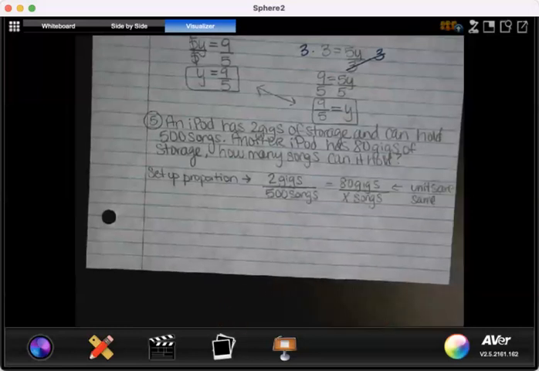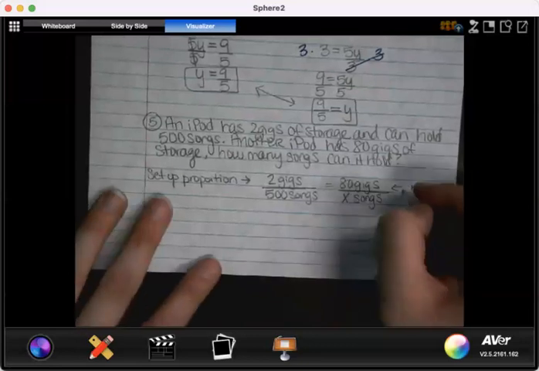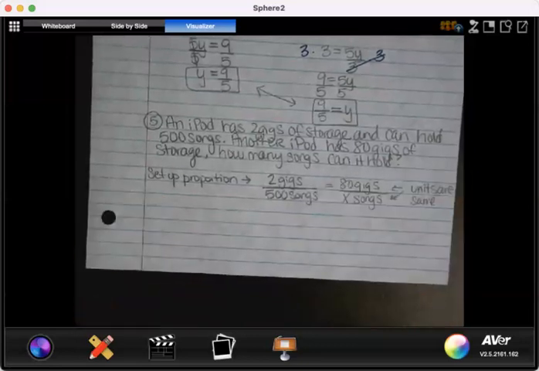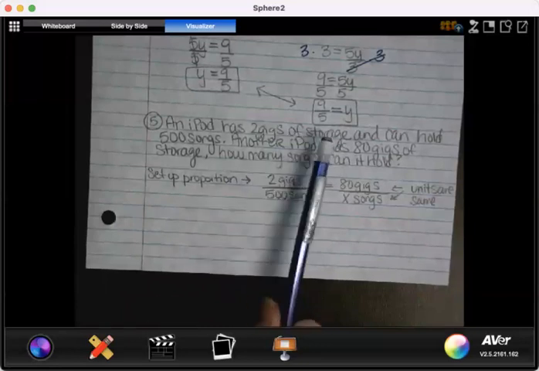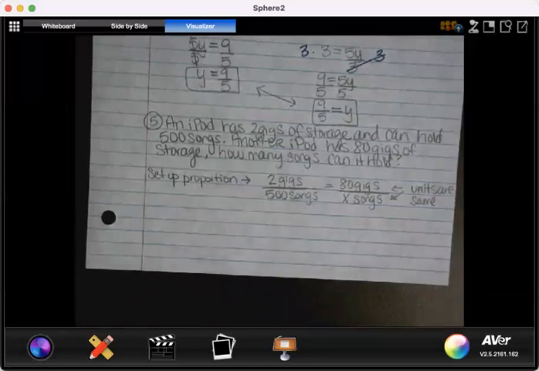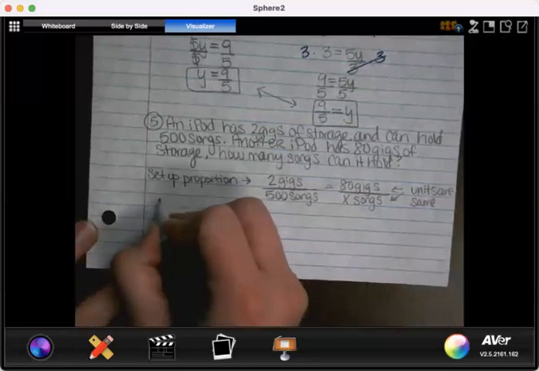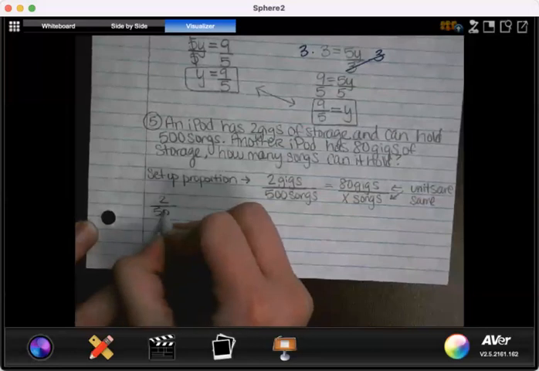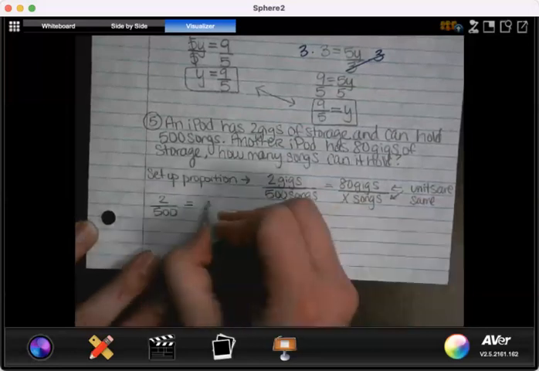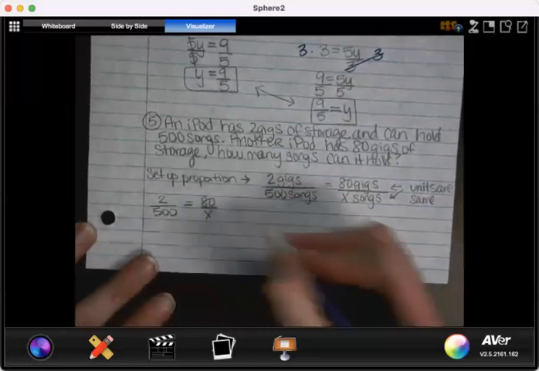Okay, so the units are the same on top and bottom. But when we go to solve, we really don't need the units in there because we know we're solving for songs. So I'm just going to pull out the math portion of it to solve. So I'm going to say 2 divided by 500 equals 80 divided by X.